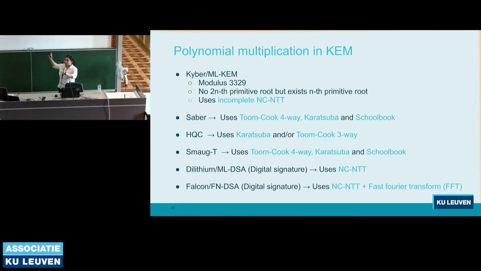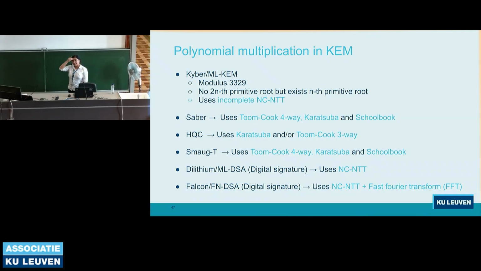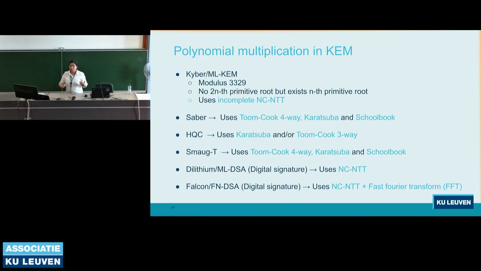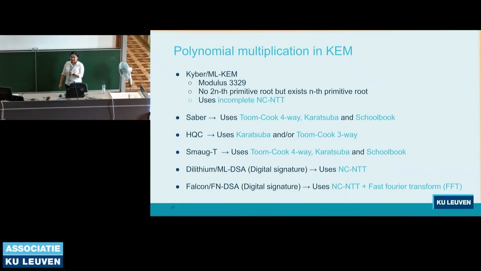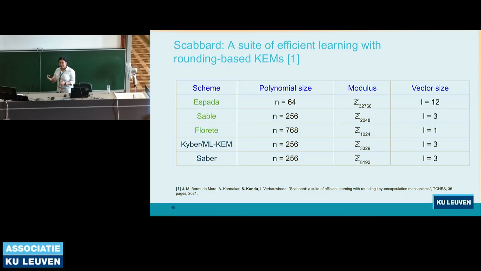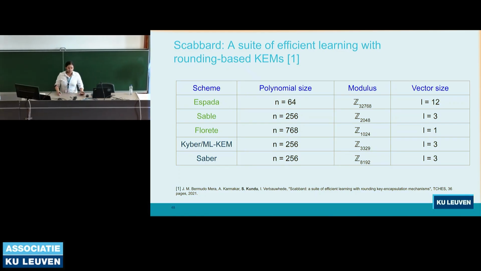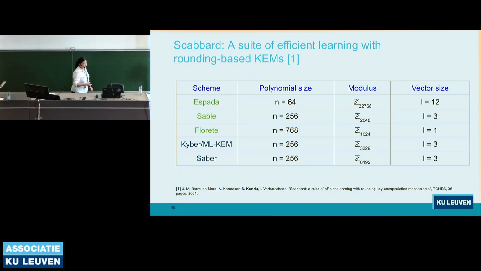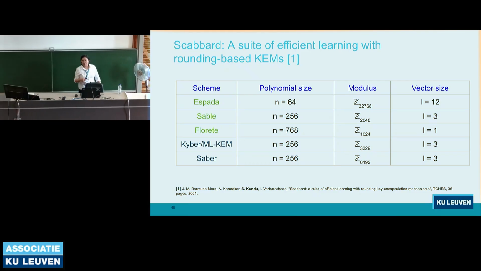Now, as you understand from the discussion up to this point, all those parameters that I mentioned earlier matter in terms of the cost of the scheme, right? So we decided to design a scheme using that knowledge. These are some learning with rounding-based schemes, which is a variant of the learning with errors problem, used in ML-KEM or ML-DSA.